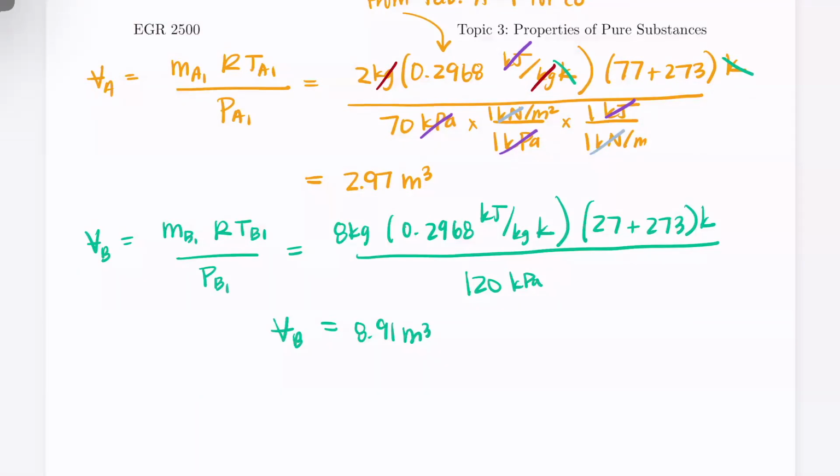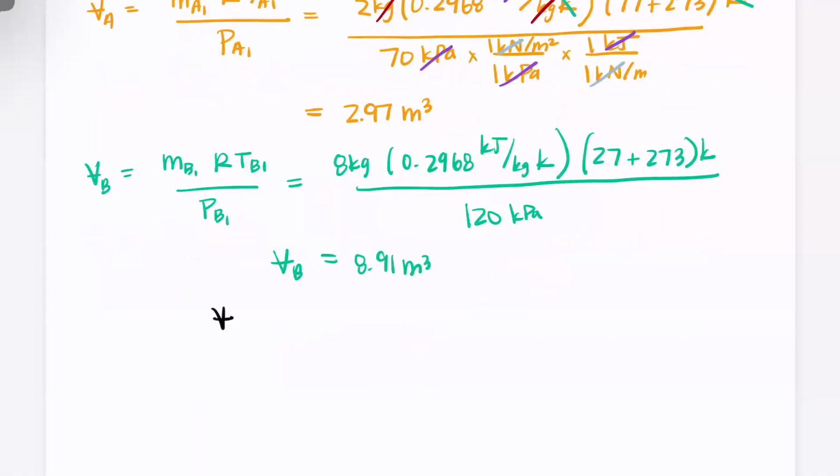So this means that V1 is equal to VA plus VB, which is, sorry, 8.91 is the total. I wrote this one down wrong. So this one for VB is actually 5.94. Sorry.